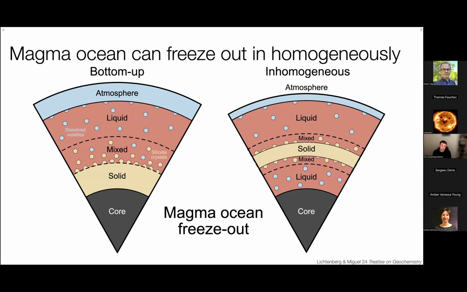And if that's true, then we really have a problem, because if the mantle is cut in the middle and solidifies from the middle outward, then the vast majority of initial volatiles that are accreted onto a planet during planet formation is trapped in the interior of the planet for potentially billions of years and can degas later.